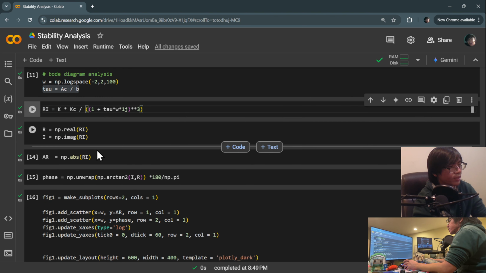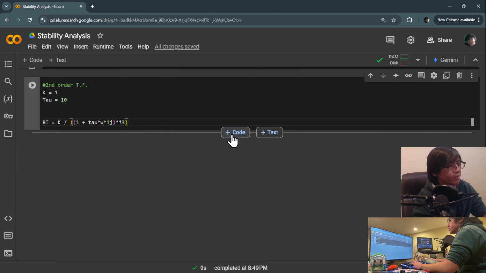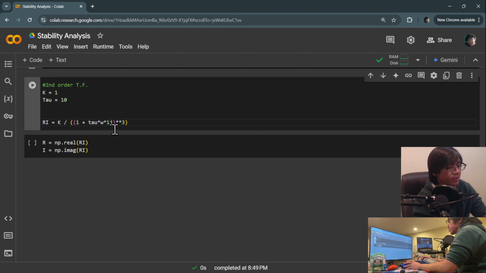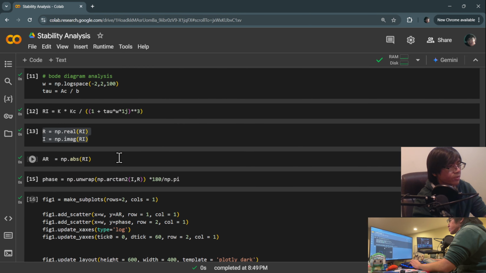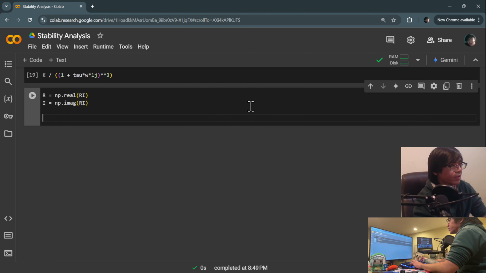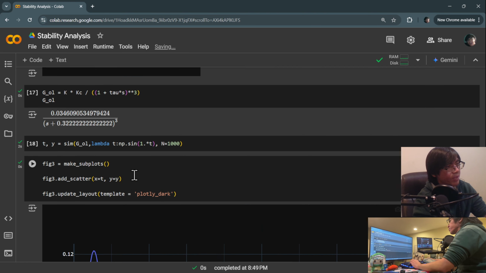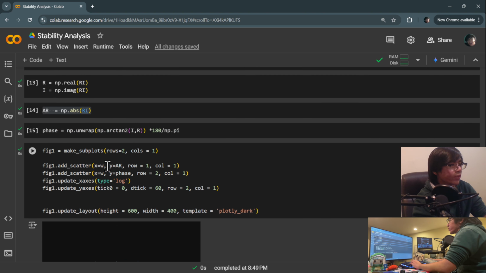We're going to type that in, and then I'm going to copy paste everything, our amplitude ratios and the like. So I'll actually keep that right now. Real and imaginary. Remember, we just separated the real and imaginary terms from a complex number. We got the amplitude ratio by taking the absolute value, or the magnitude, of real and imaginary, as if they were the vector components.